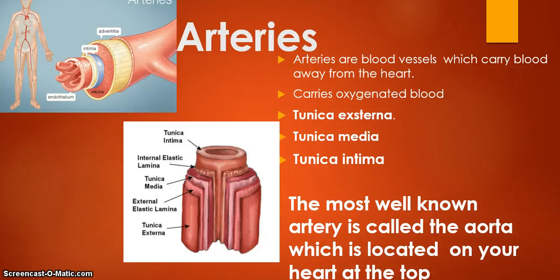This is the thinner inner layer of the artery and so is in direct contact with the blood that is flowing through the artery. This part of the artery consists of elastic membrane and smooth endothelial cells. The hollow centre of the artery that the blood flows through is called the lumen.